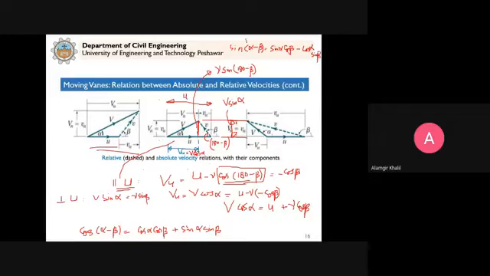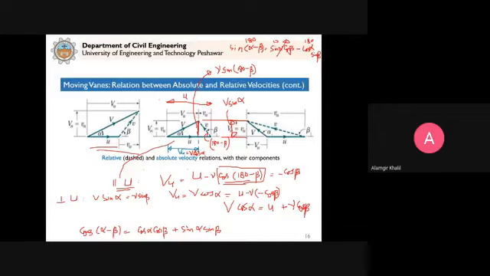So now when alpha is 180 degrees, you see the sine of alpha term is 0, and cos of alpha is minus 1.